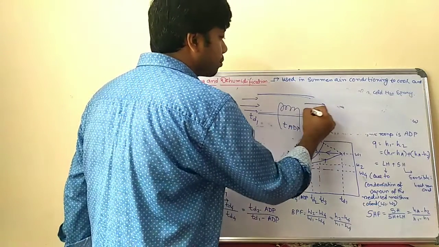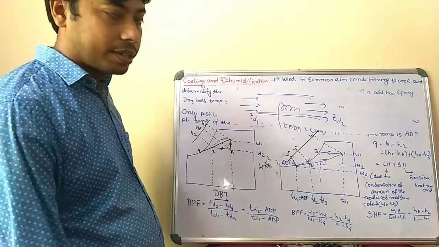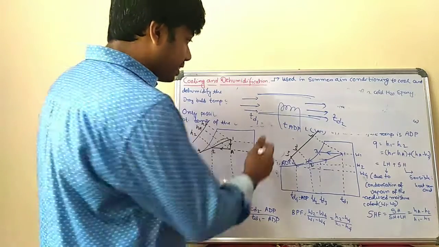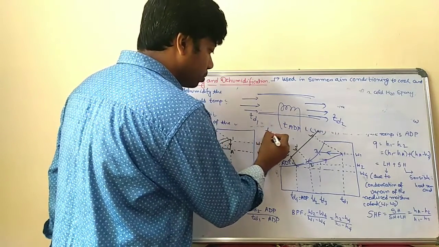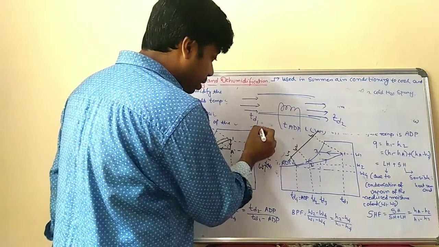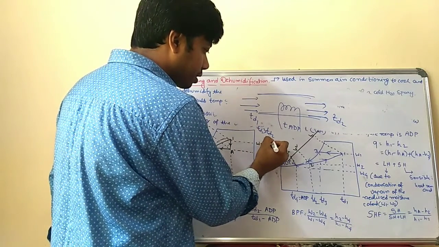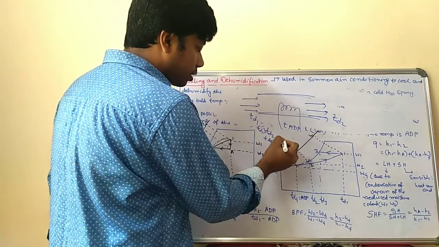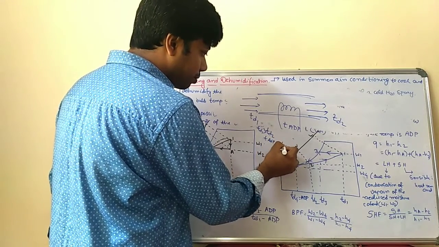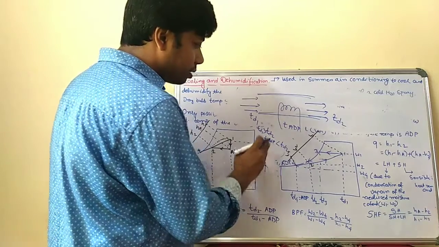When the air exits from this section, the dry bulb temperature is TD2, right? Now what we see is that TD2 is less than TD1, meaning TD1 is greater than TD2, obviously, and TADP is less than TD2. That means TD2 is greater than TADP.